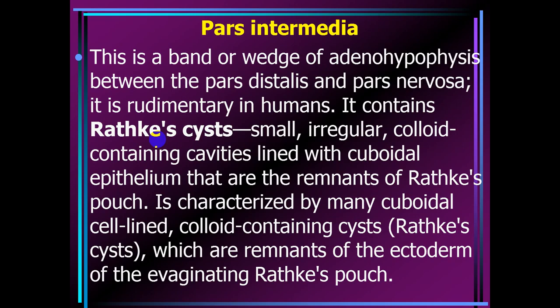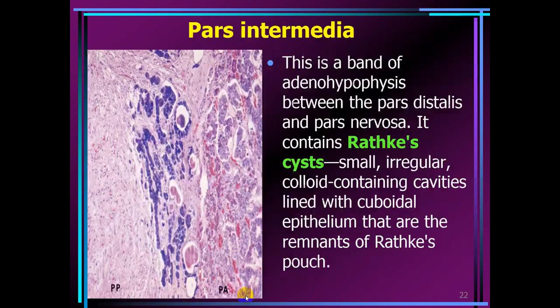It is characterized by many cuboidal cell-lined colloid-containing cysts, Rathke's cysts. This picture shows you the Rathke's cysts in the pars intermedia. On the right part of this picture, it is adenohypophysis.